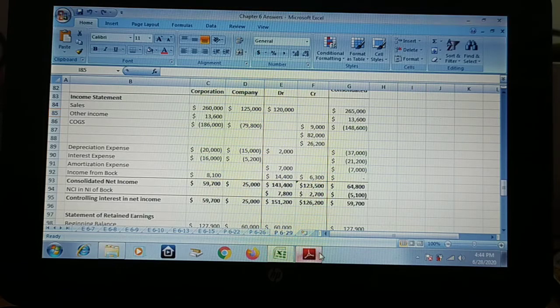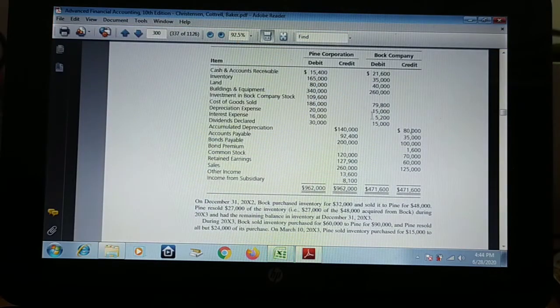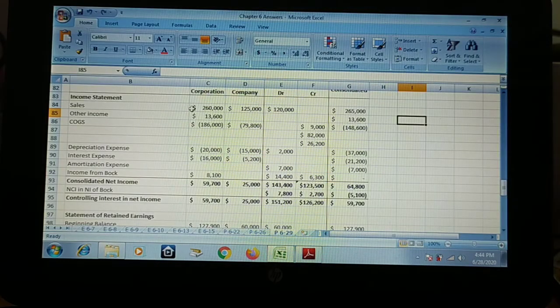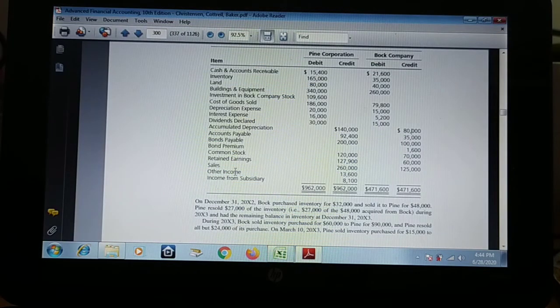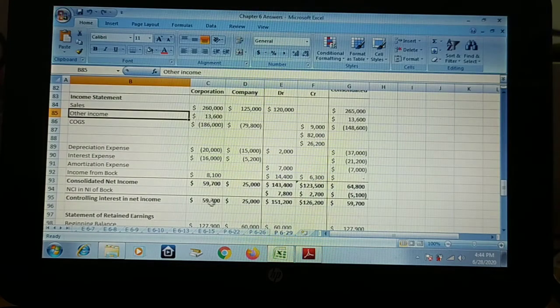Simply move the data from the trial balance to the income statement part. So sales and other income. Okay, so this question has other income minus COGS, depreciation expense, interest. Okay, and then we have amortization expense, remember. Okay, and then it comes from Block. Then we have NCI in NI of Block.